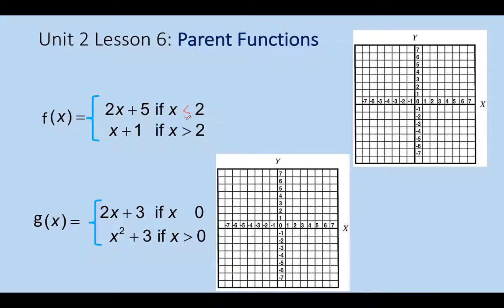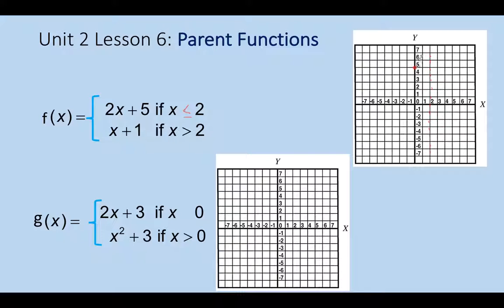So if I have f of x equals 2x plus 5, with a domain of x being less than or equal to 2. Well, here's 2 right here. So what I'm going to do is graph y equals 2x plus 5 up until 2. I would have a y-intercept of 5.